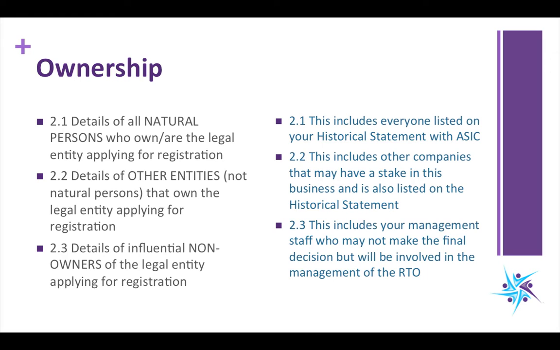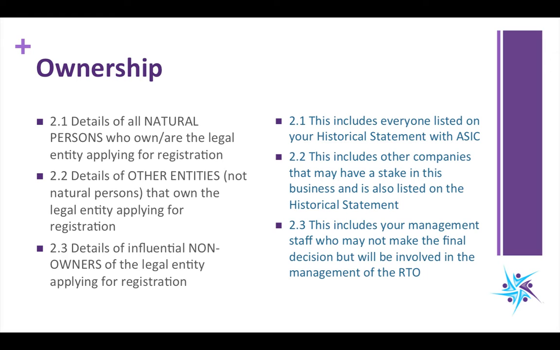Now, other entities who are not natural persons might be another company that is part of your management structure on ASIC. So you could have Joe Bloggs, Jenny Smith, and ABC Proprietary Limited listed on your historical statement as owners of your company.